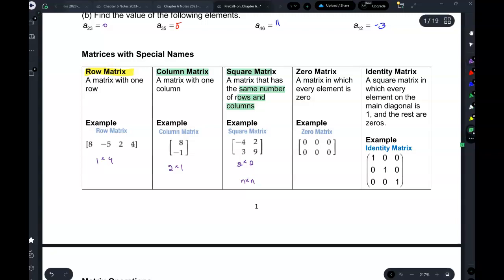A zero matrix is any matrix of any dimension where every element is just 0. A zero matrix is similar to the number 0 in many respects in the number world. An identity matrix is a square matrix in which every element on the main diagonal is 1.